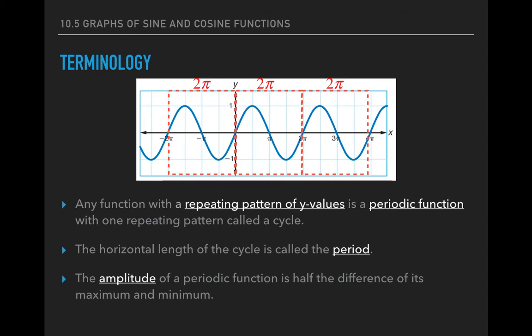Last term here, the amplitude. The amplitude of a periodic function is half the distance between its max and min. So you look at the high point and the low point, here 1 and -1. You take their difference and divide by 2. So the amplitude of this graph is 1.